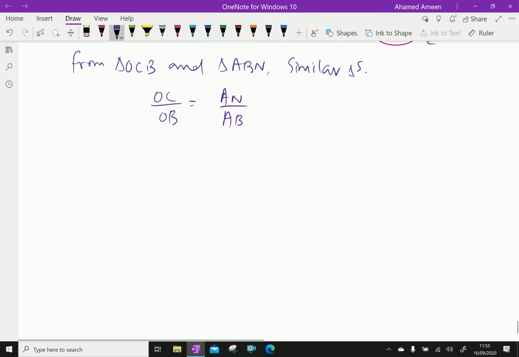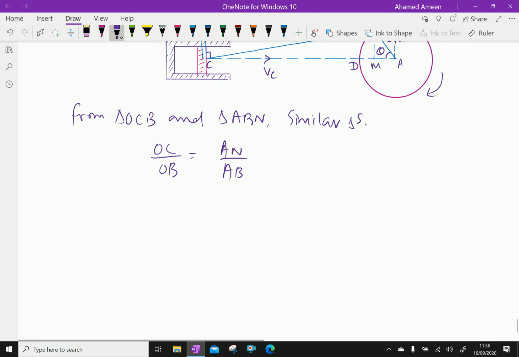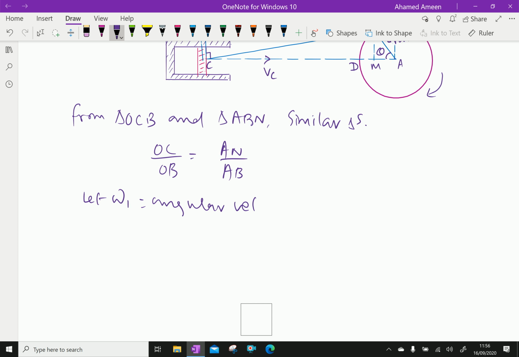Now let omega 1 be the angular velocity of the crank AB in rad per second.